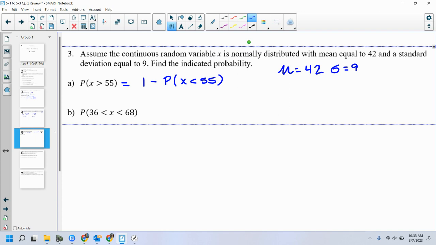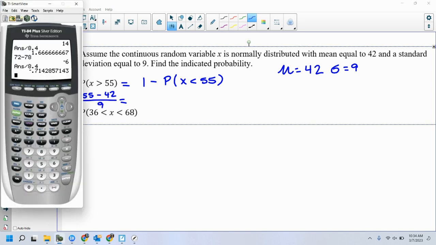That's the value you're going to get in the table, to the left of. Let's calculate that z-score. The z-score of 55 is 55 minus 42 over 9, which gives me 1.44.